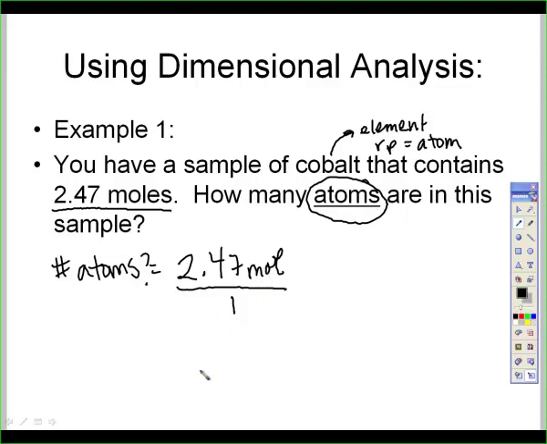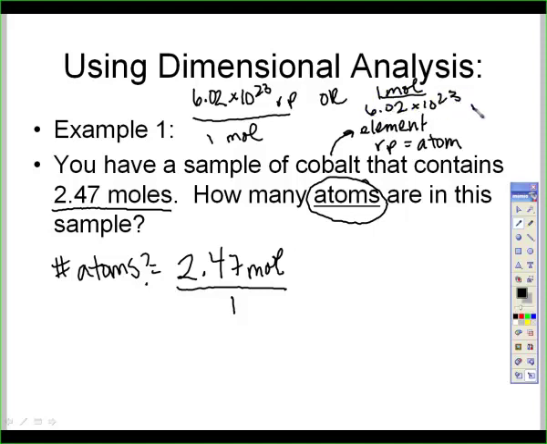And now my conversion factor, remember, I'm just going to write these up here really quickly. I either have this, or I can flip that around and do that. Which one do I want to use in this case? My conversion factor has to go there.